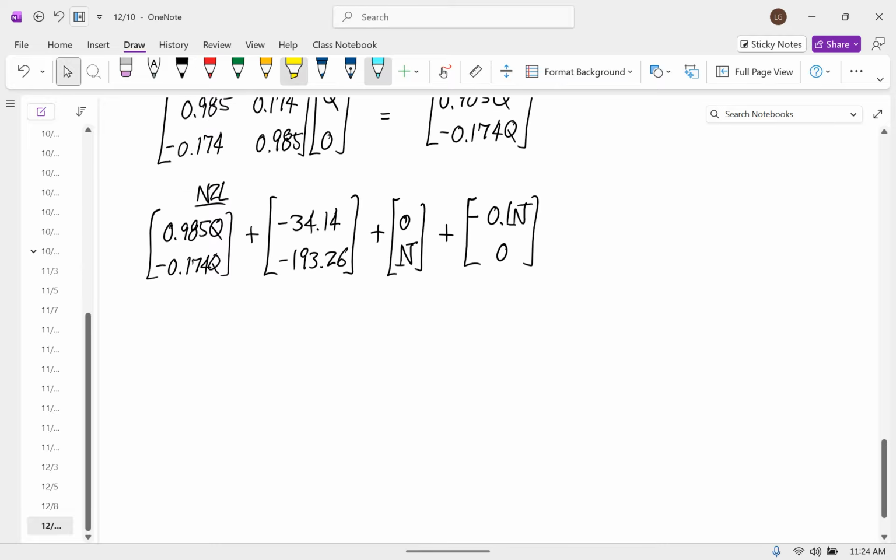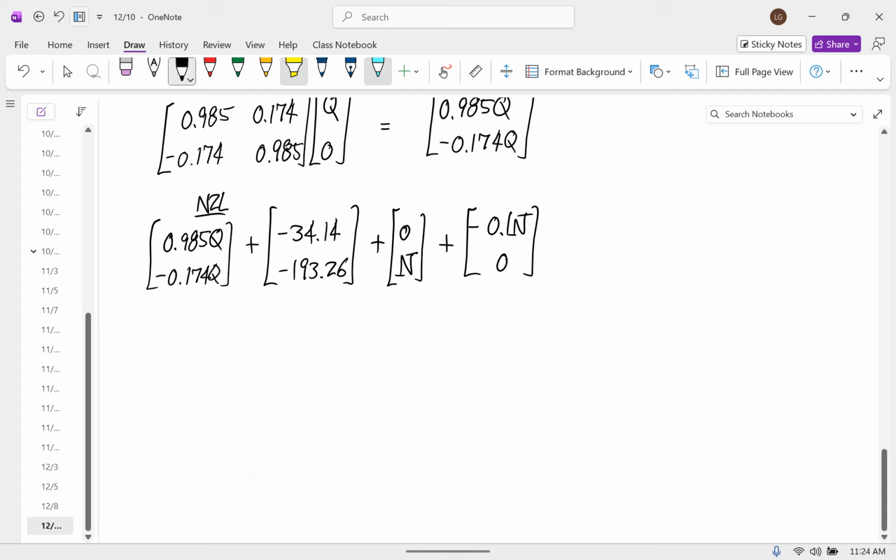And since we're finding the exact value of Q where the friction force is a maximum before it starts to move, we're going to assume this is in static equilibrium. And so we have two equations for two variables.